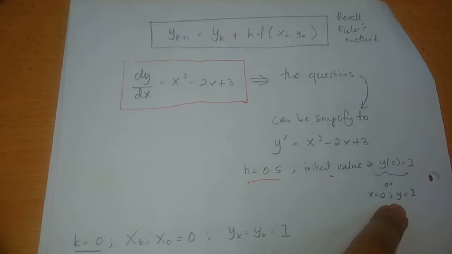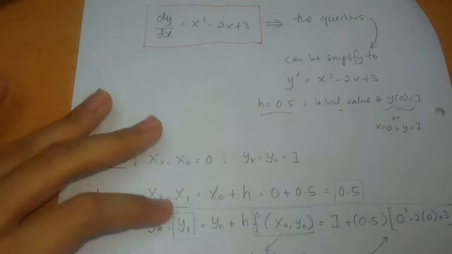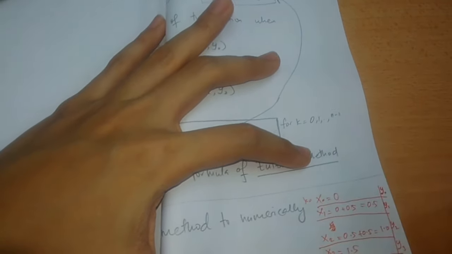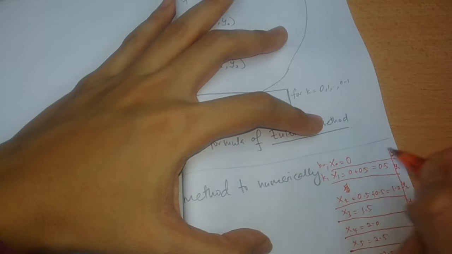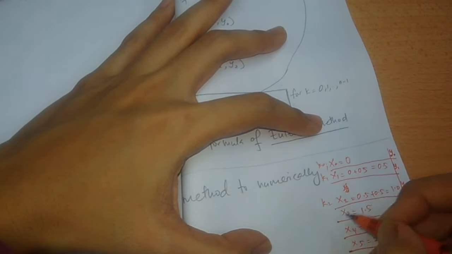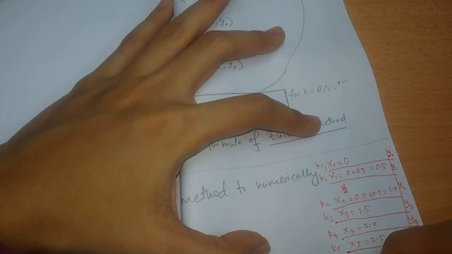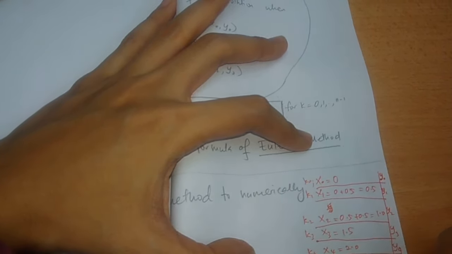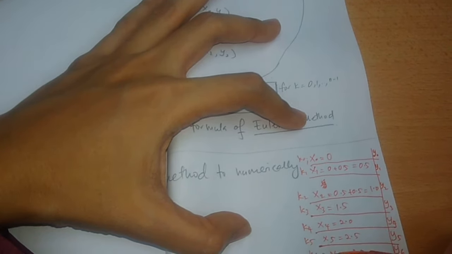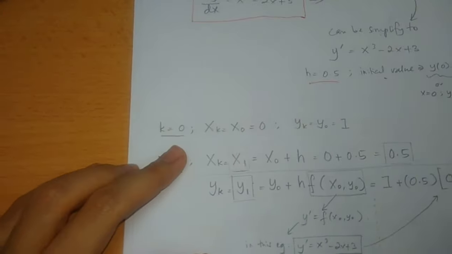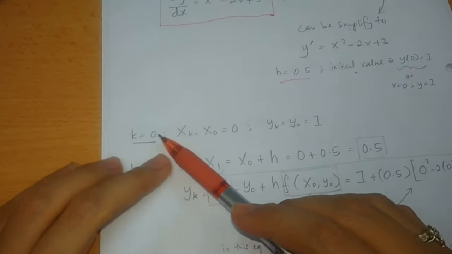Okay, so you are going to solve this iteratively, and remember that you have k0, k1, k2, k3, k4, k5, k6, meaning that you have 6 iterations to solve these questions. Let's go to the first iteration, k equal to 0.